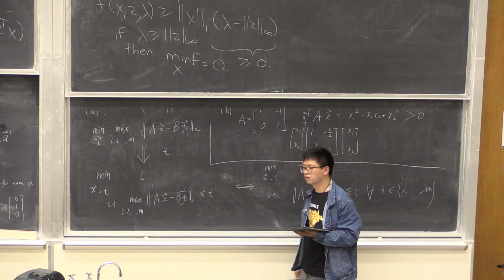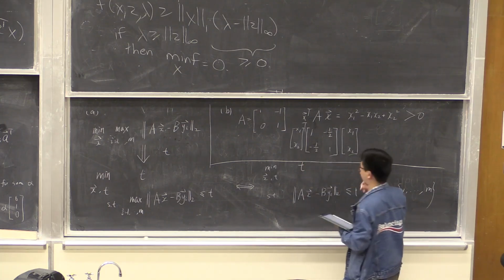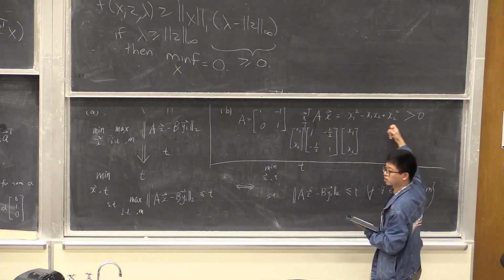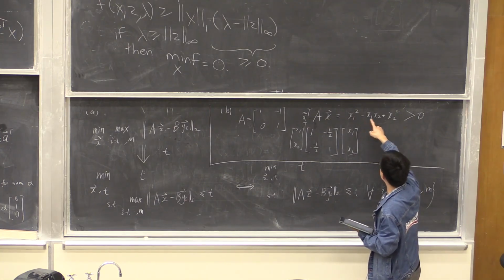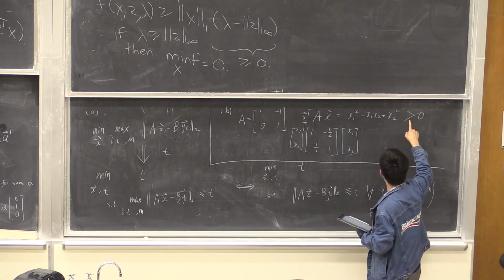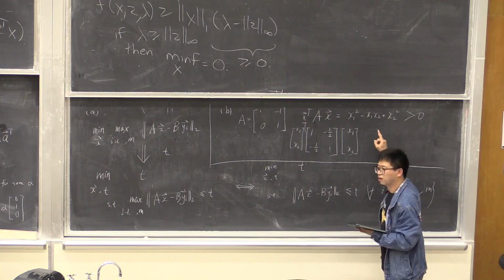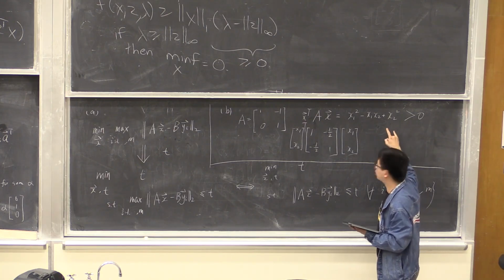Please. Sorry, this is a really silly question. How did you get to those PSD? So this is greater than 0. x1 squared minus x1 x2 plus x2 squared has to be greater than 0. Are you asking about this part? Yeah.